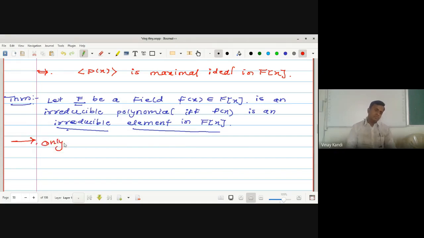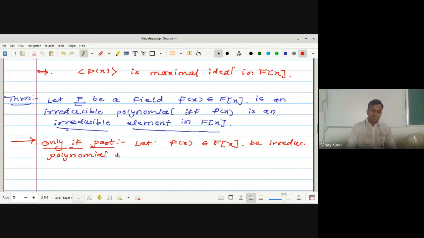Only if part. Let the only if part, assume the f of x is an irreducible polynomial, and we have to prove that f of x is an irreducible element. Okay, let small f of x belongs to capital F of x, that is ring of polynomial, be irreducible polynomial in capital F of x.